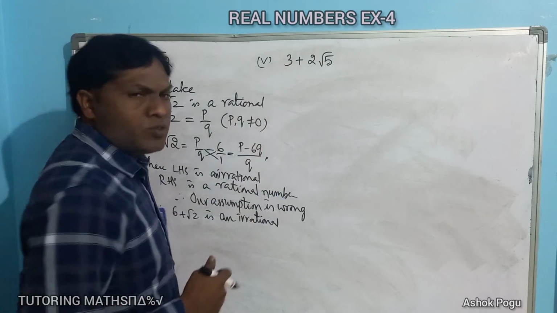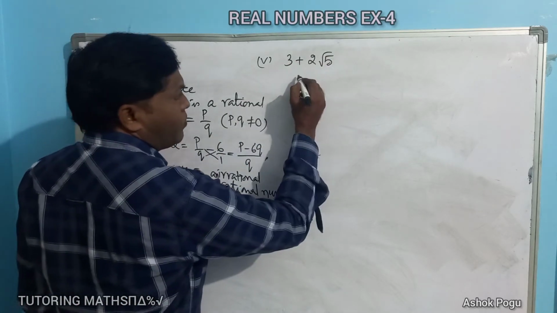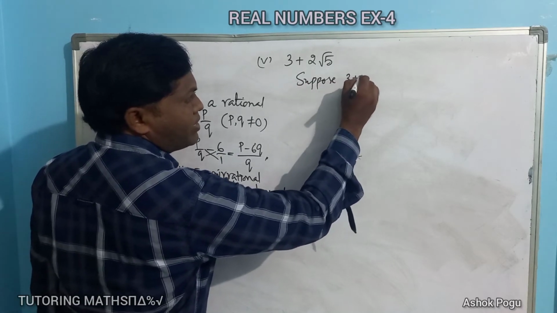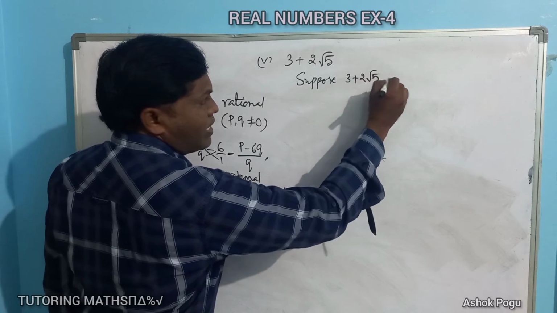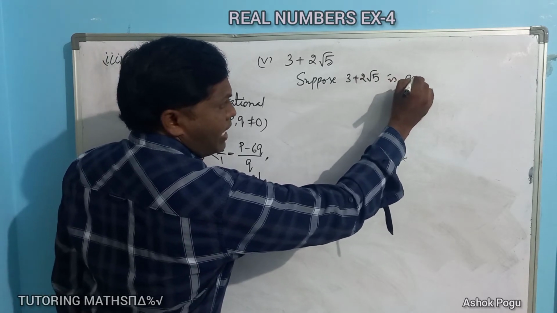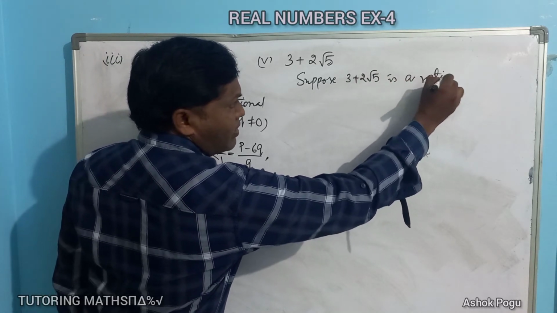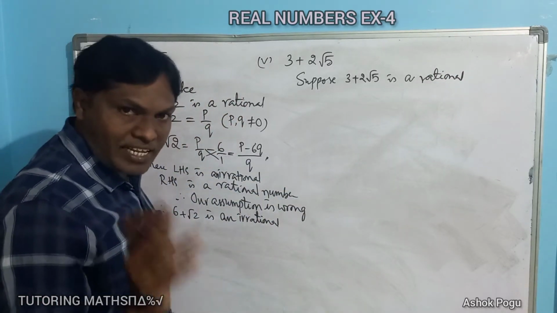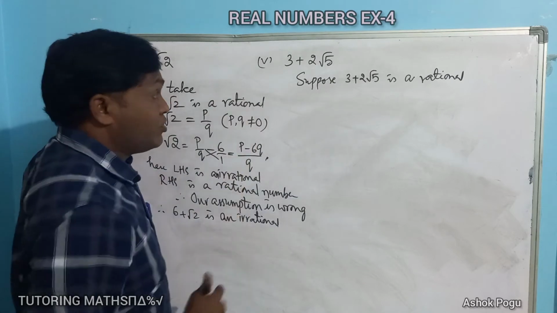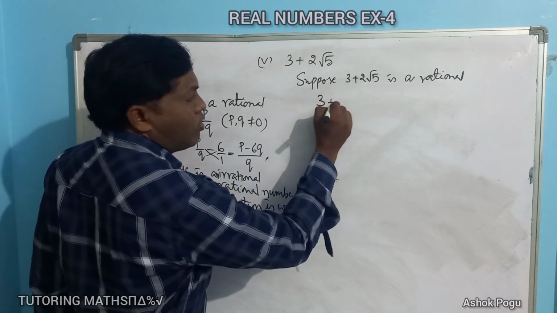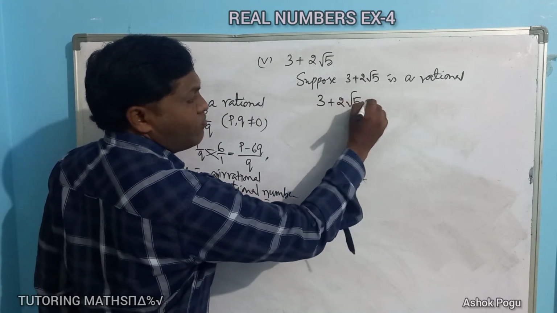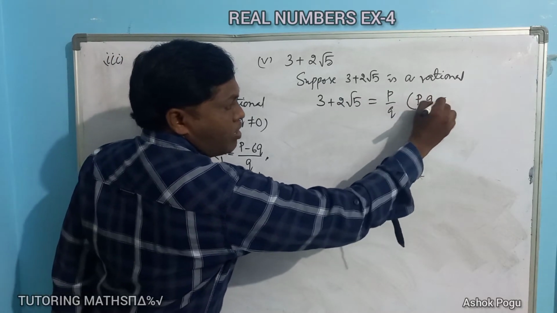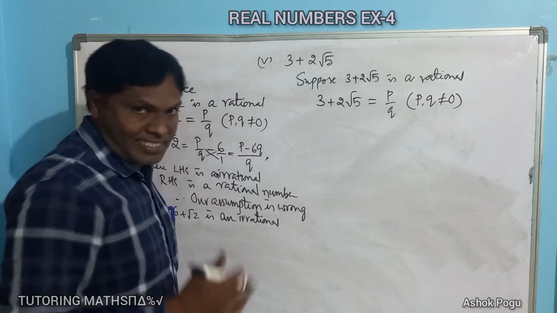And coming to the next question, 3 plus 2 root 5. Suppose 3 plus 2 root 5 is rational. We are actually proving it is irrational, but if it is rational, what do you get? According to the rational number standard form, we get p by q, where p, q are not equal to 0.